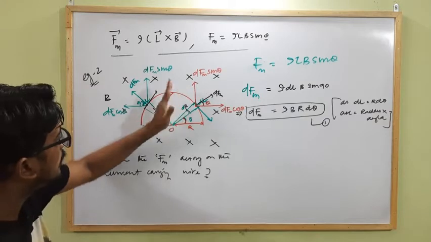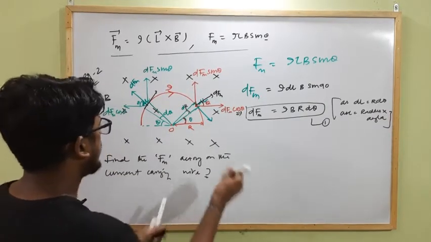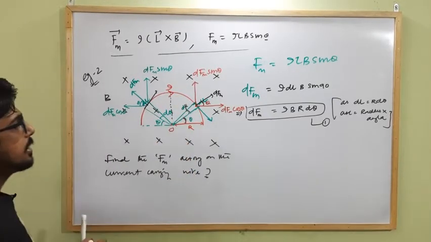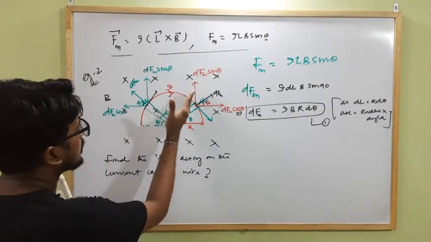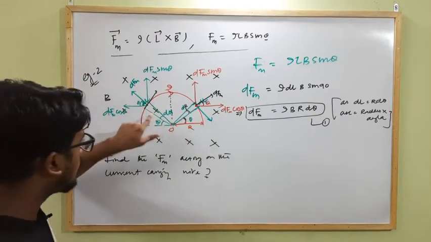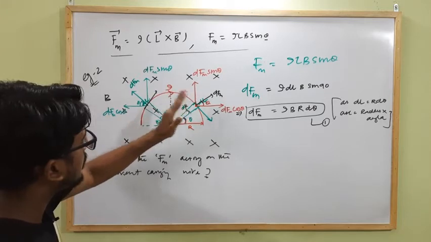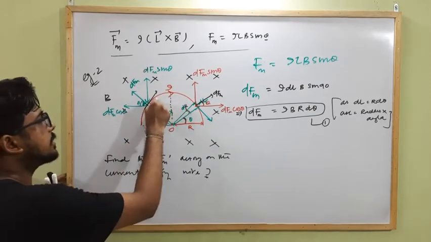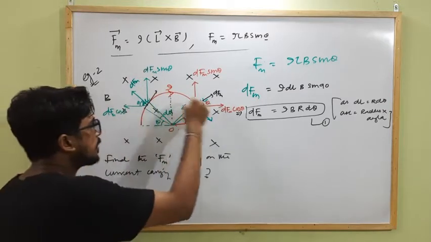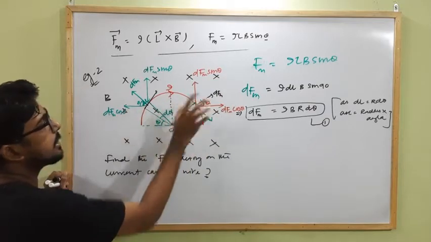Similarly, for each and every segment, if I cut this into two equal halves vertically, then for each segment on the right half there is another segment on the left half which experiences the same force. And from this free body diagram we see that the horizontal forces are equal and opposite for each and every segment.